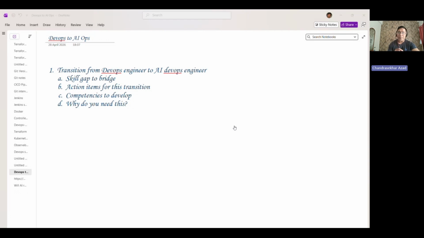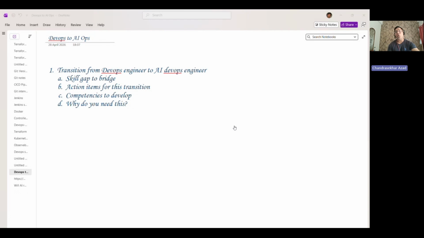Parallelly, you already had understanding of containerization models such as Docker, Kubernetes, which you have already done being a DevOps engineer. Those containerization models are also going to play a vital role whenever we talk about AI, ML ops infrastructure. Also, you need to have understanding of how to adopt GitOps for AI.